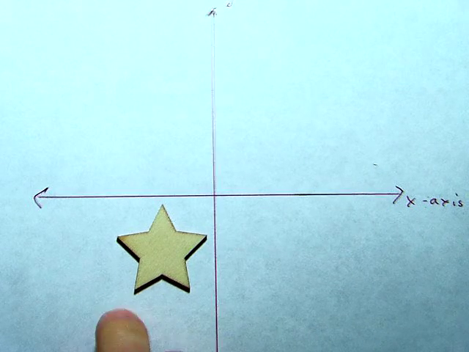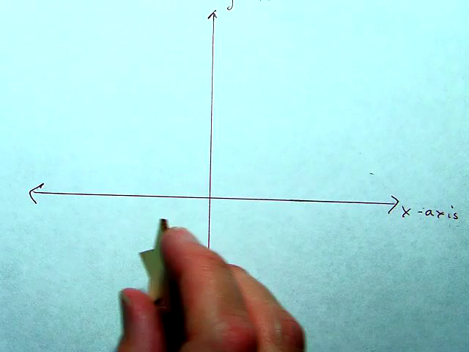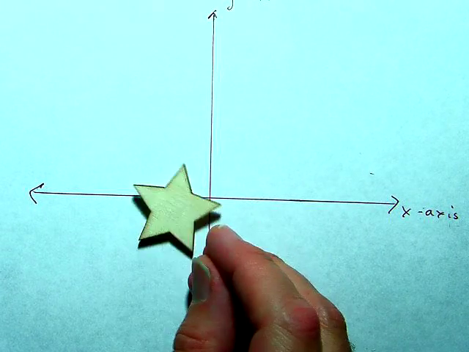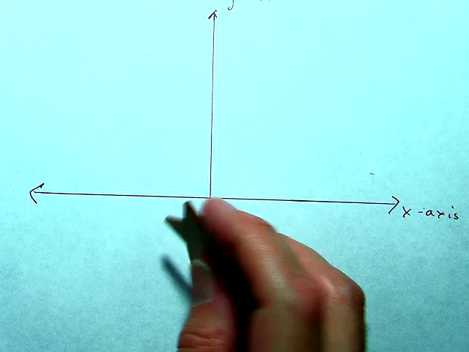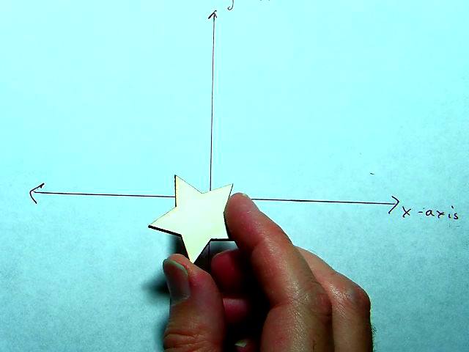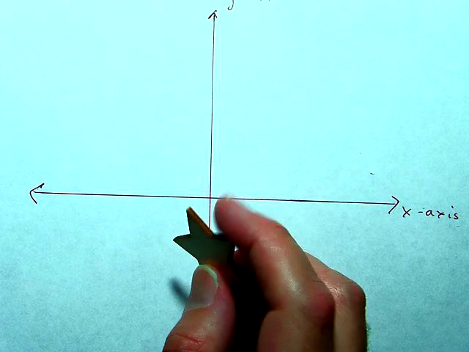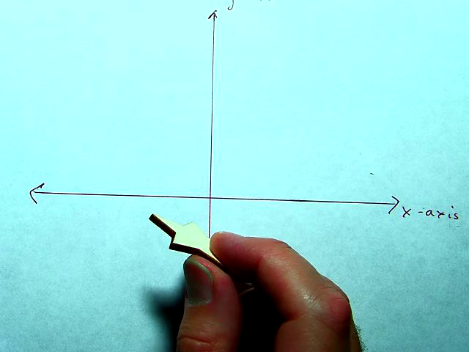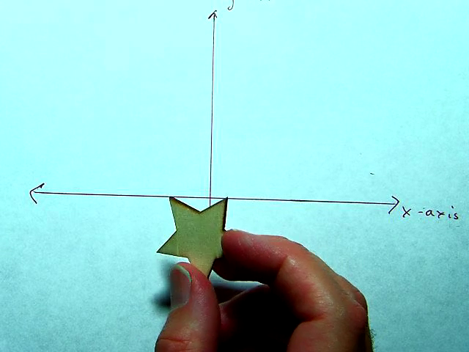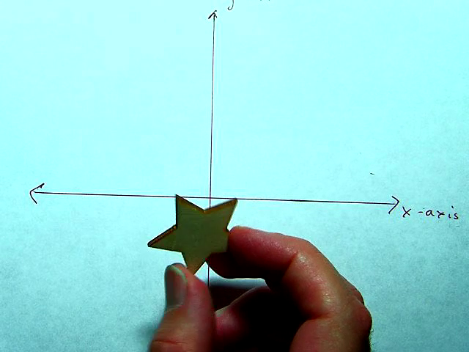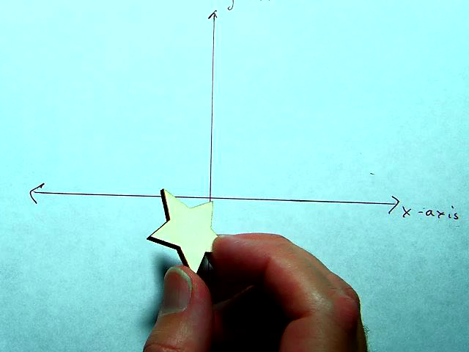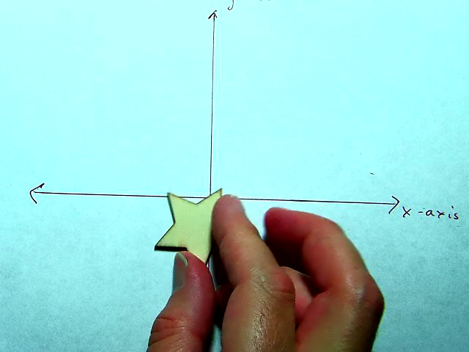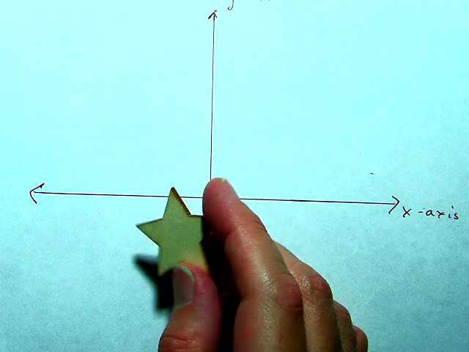transformation. What I've got here is an XY plane, and I've got a wood chip in the shape of a star, a five-pointed star. And as you can tell, this wood chip is solid, it's hard, and no matter how I move it, no matter how I tilt it around, it maintains its shape and its size. A rigid body transformation is a mapping in the plane.